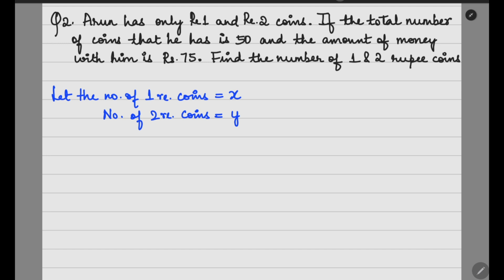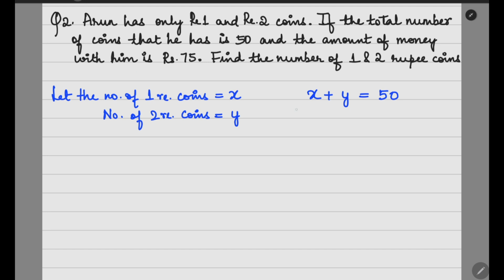We have assumed X and Y. Total number of coins that he has is 50. So X plus Y is nothing but 50. The second thing: the amount of money with him is 75. What does this mean?